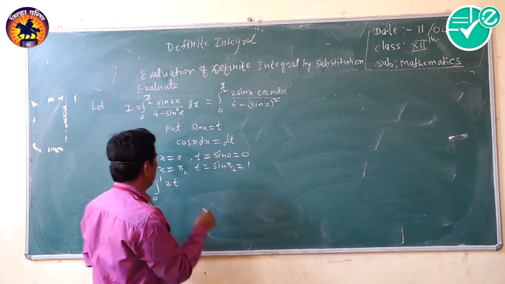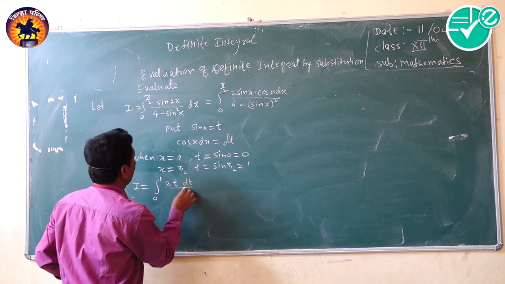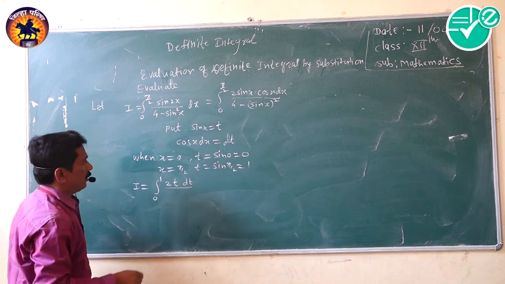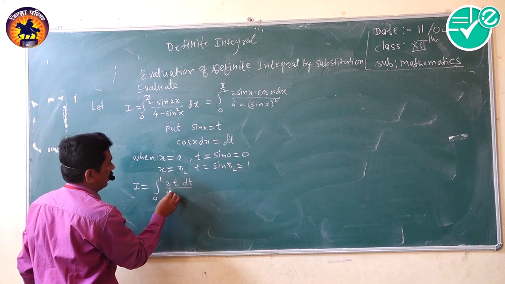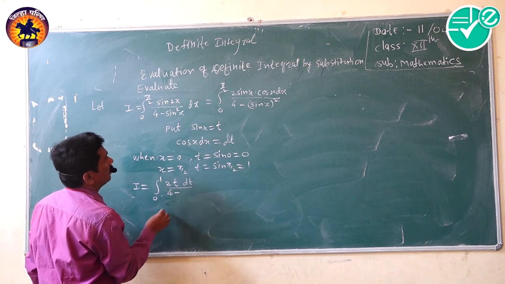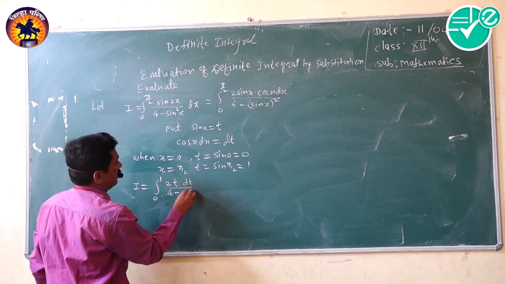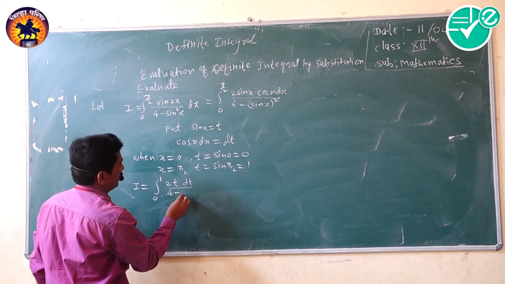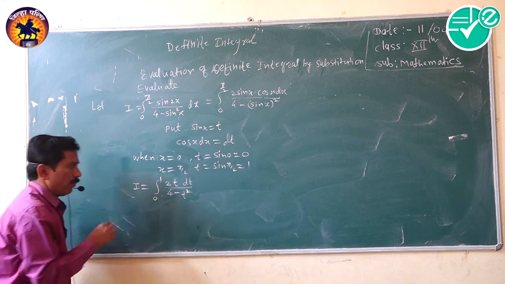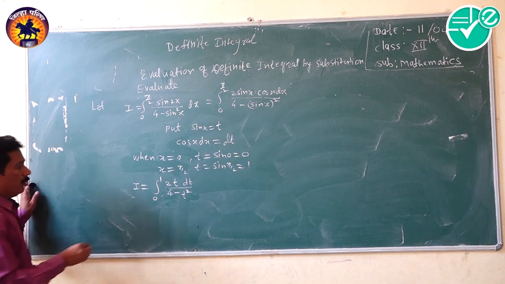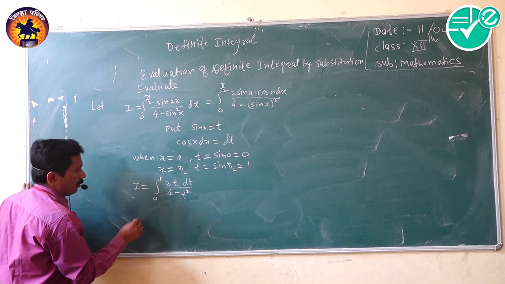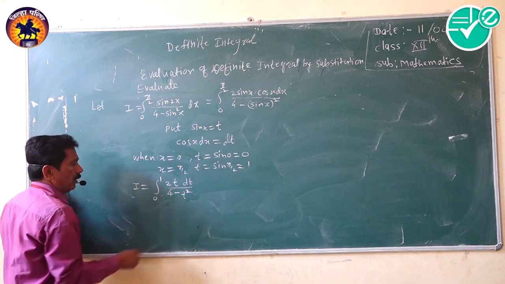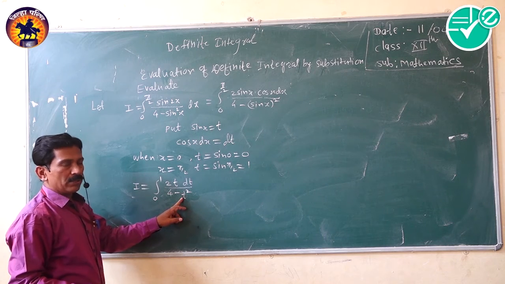Now cos x dx is dt upon 4 minus sin square x, that is 2 square, or 4 minus sin square x, or sorry, 4 minus t square.